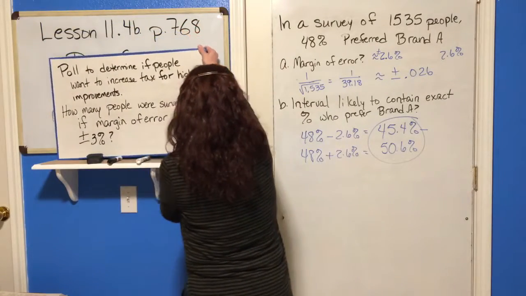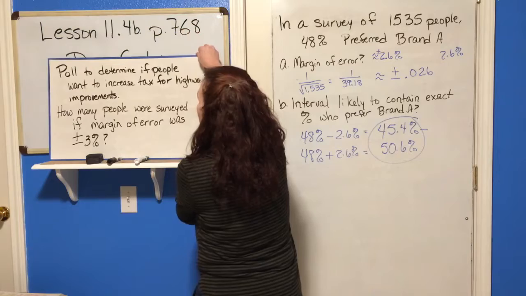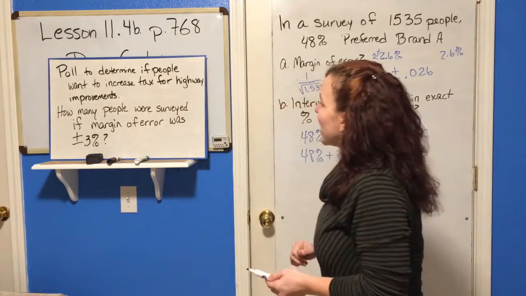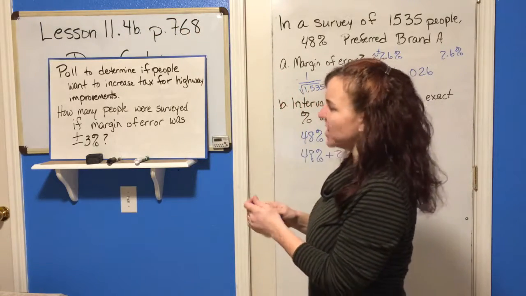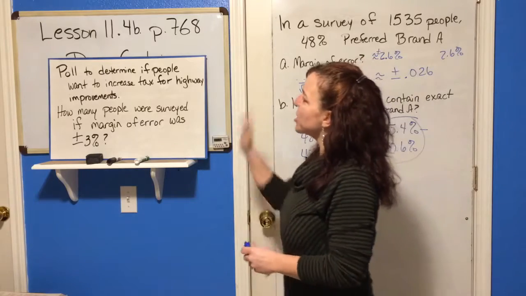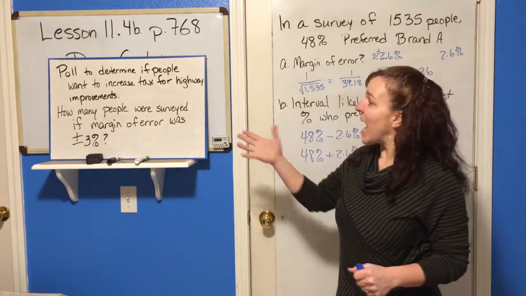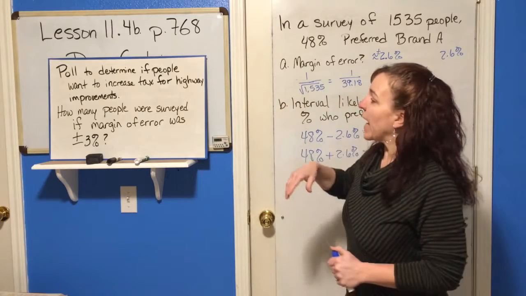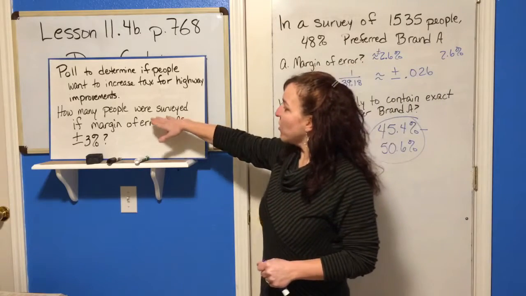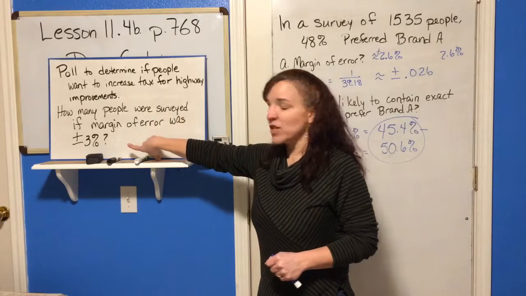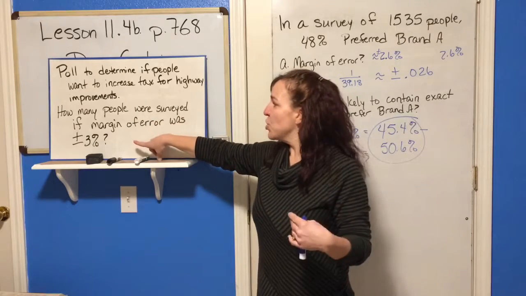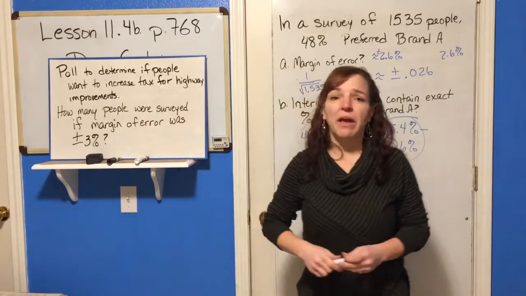Now, if I have a poll, and in this poll, a state legislator is polling to determine if people want to increase their property tax for highway improvements. If the margin of error is plus or minus 3%, I want to know how many people were surveyed.